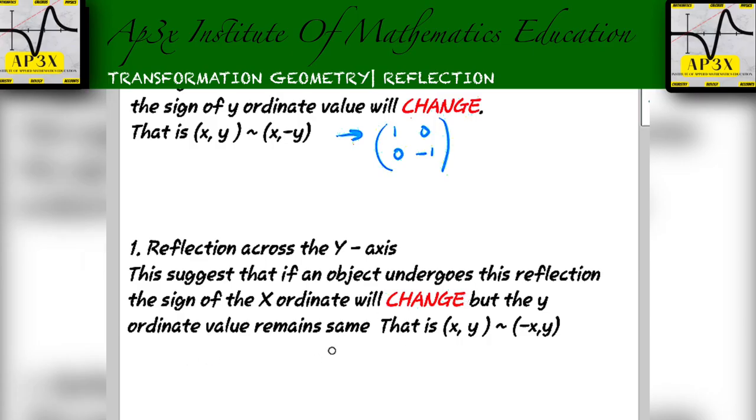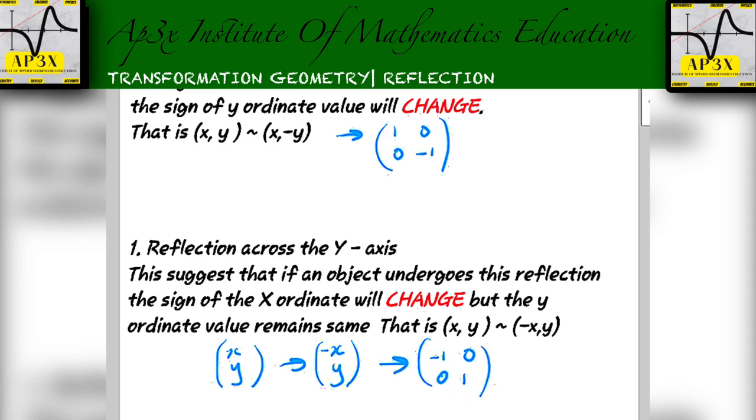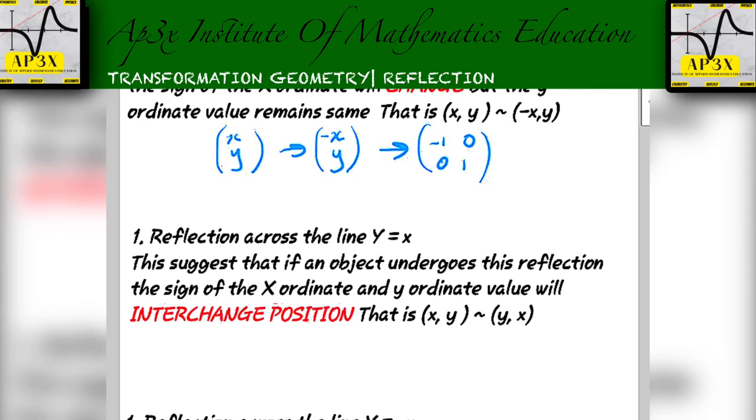For the y-axis, a point (x, y) gets reflected and becomes (-x, y), and that becomes the matrix -1, 0, 0, 1. Then down here we have reflection in the line y equals x. A random point (x, y) reflected across the line y equals x will interchange position.